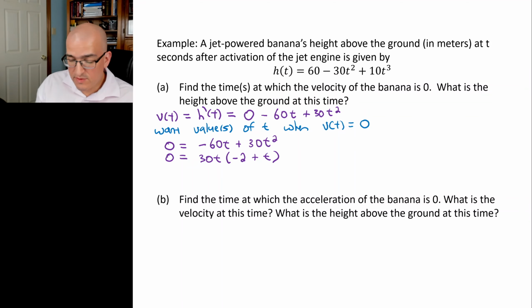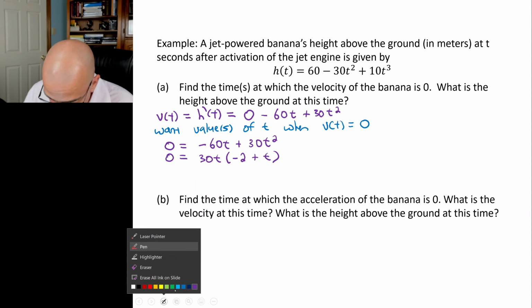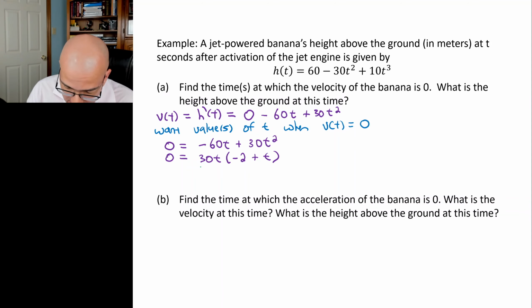And we've set this equal to 0, so we have two different possibilities to get 0 on the right hand side to match the 0 on the left. Either 30 times t is 0, which means t is equal to 0, or negative 2 plus t is equal to 0, which means t is equal to 2.